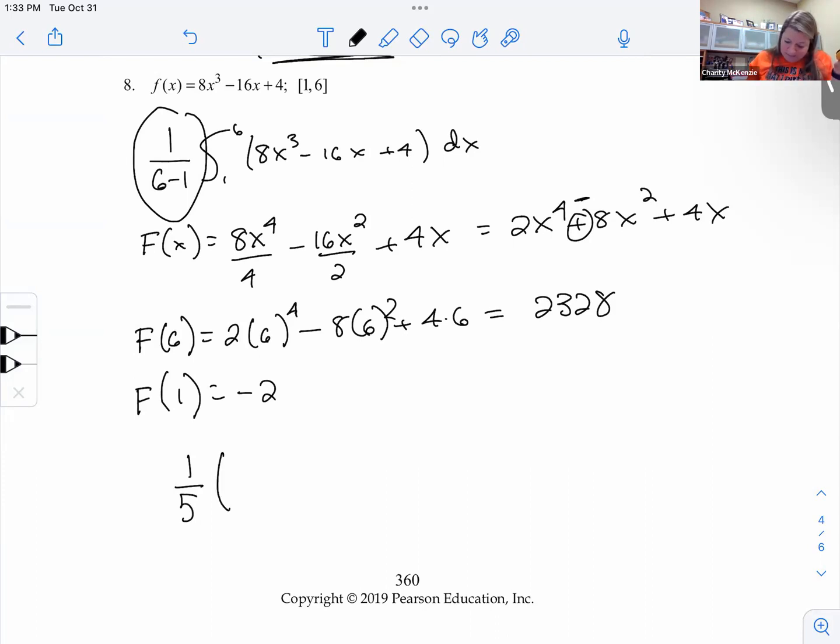And then you have to times it by the top, which is the 6, is the 2,328 minus the -2. And then we'll put that in our calculator. So 2,328 plus 2, basically, right? And then divide that by 5. I get 466. So the average per, we don't have any value on this. Average per year from 1 year to 6 years is 466.